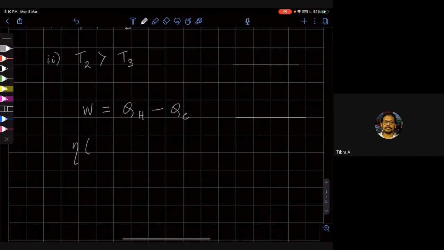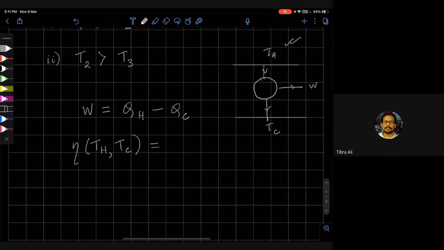So we have a reservoir here and a reservoir here, and we have an engine, and then there's the work. Because the Carnot engine has the highest efficiency, the efficiency of a Carnot engine is determined by these two temperatures.